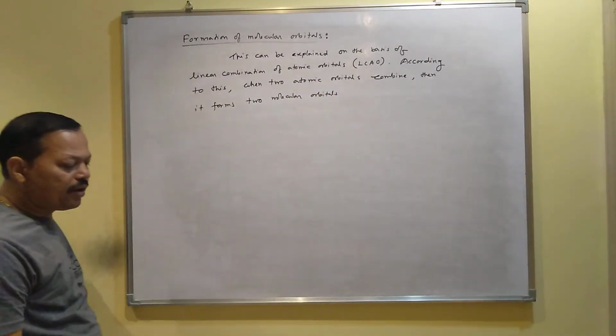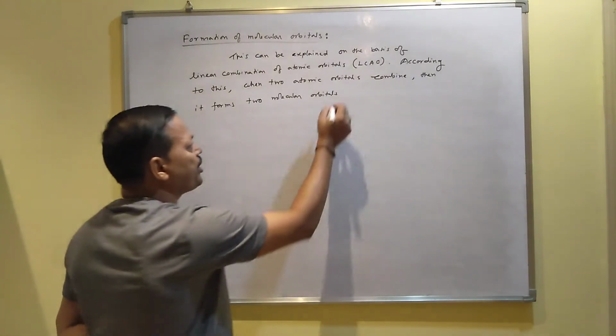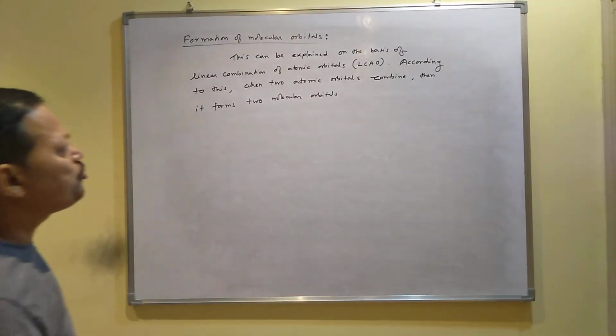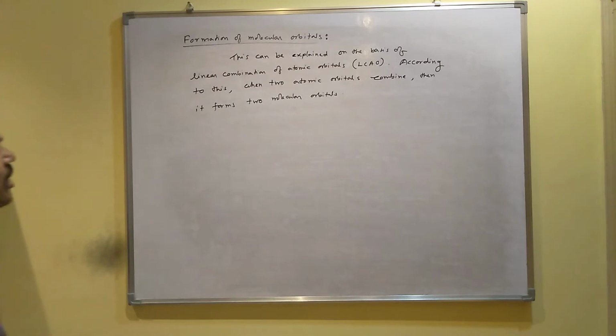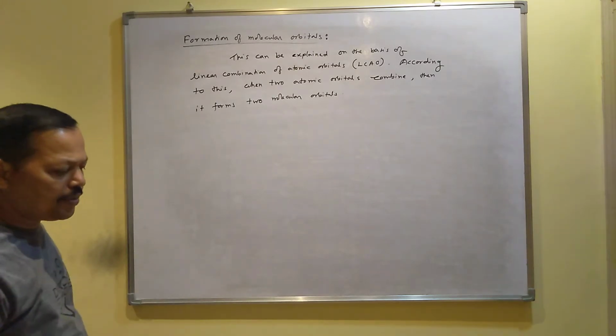One is called bonding and one is called anti-bonding. So according to this, when two atomic orbitals combine, then it forms two molecular orbitals.